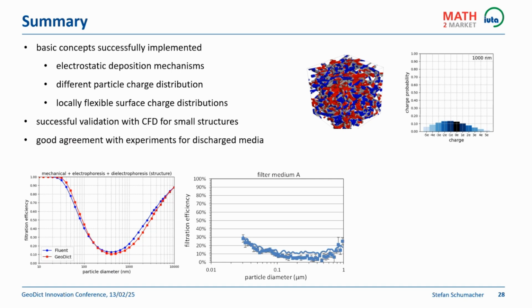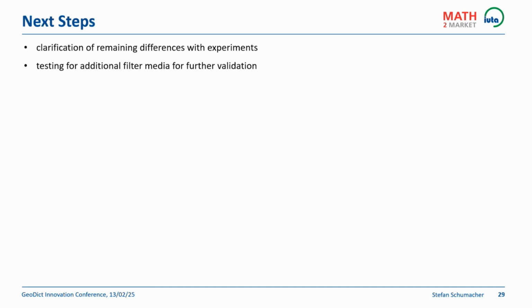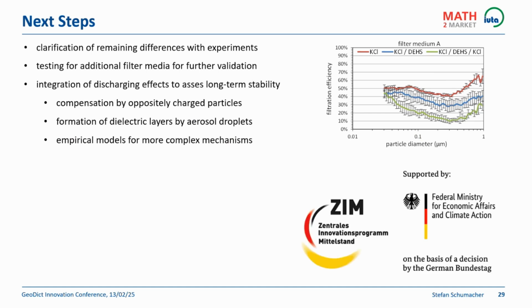We already achieve a good agreement for the purely mechanical part, and we are on the way for discharged media and currently looking at where these remaining discrepancies are coming from. And we are also, in the last part of the project, trying to implement these discharging processes, which can be charge compensation, charge shielding, or, in an empirical manner, more complex mechanisms.